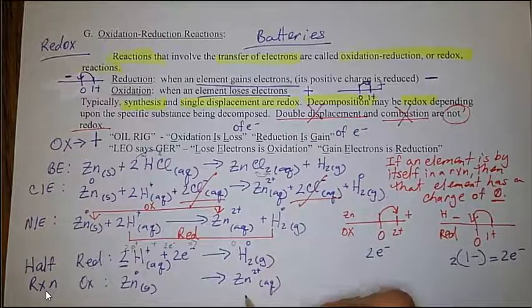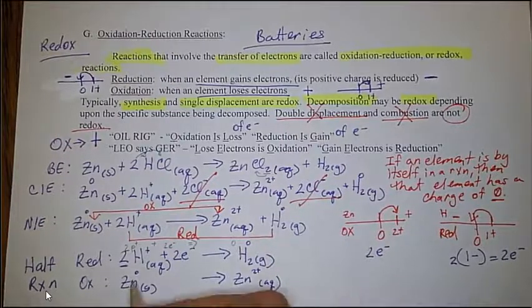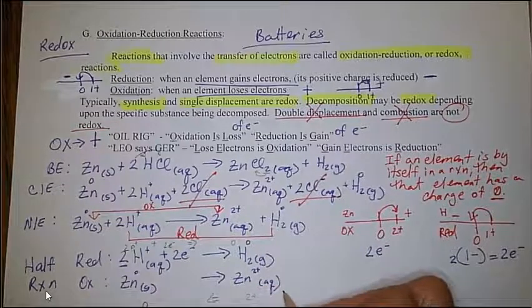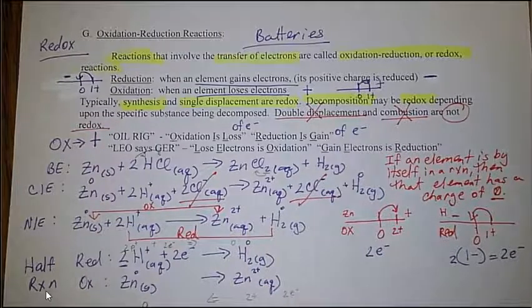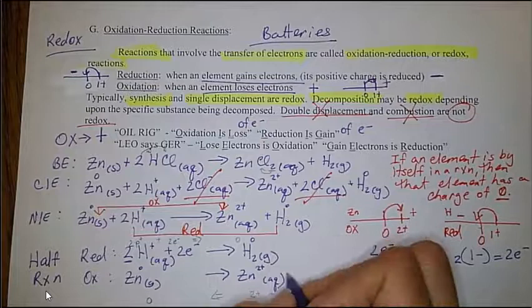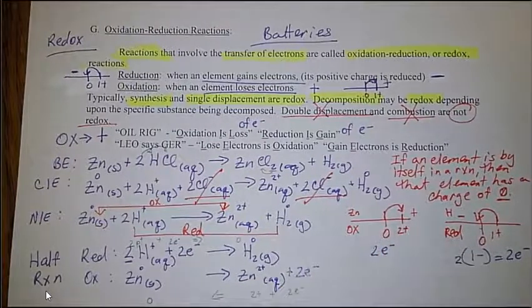I already have 2 protons. So if I want to balance this and make it equal to 0, then I've got to put my 2 electrons here, where 2 plus my 2 protons will give me a 0 charge. So I'm going to include plus 2 electrons here.